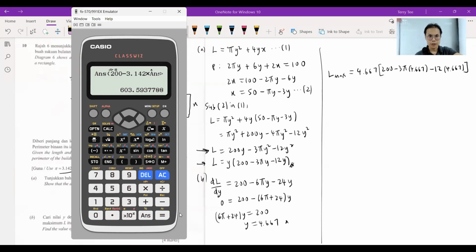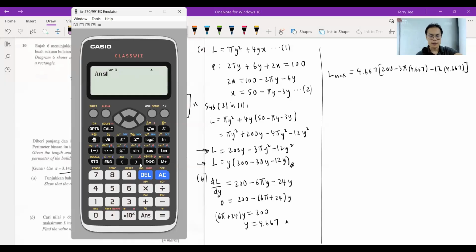I don't know whether I made any mistake here. Maybe I made a mistake. 3 pi. Okay, I forgot a 3 here. There's a 3 here. One more time. 4.667 is your answer.